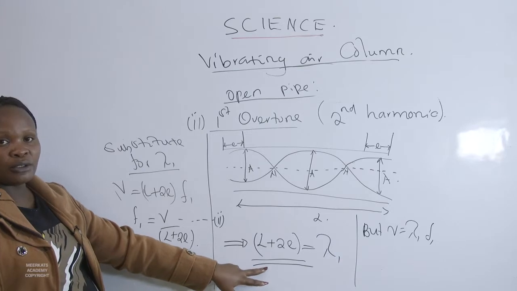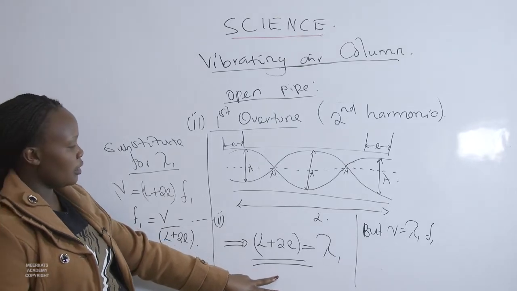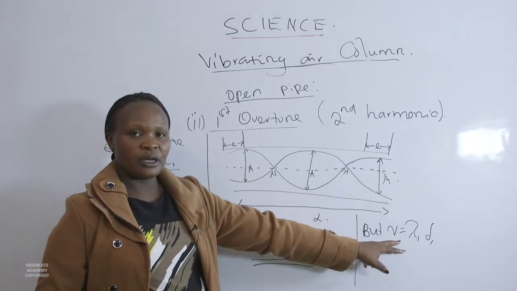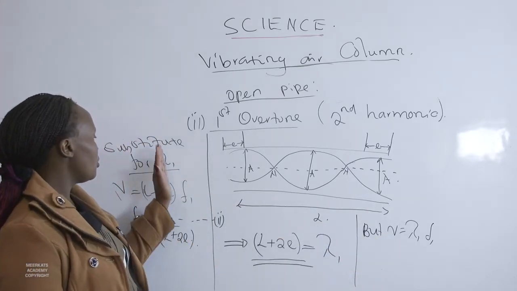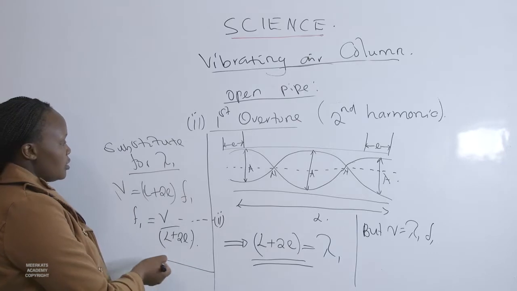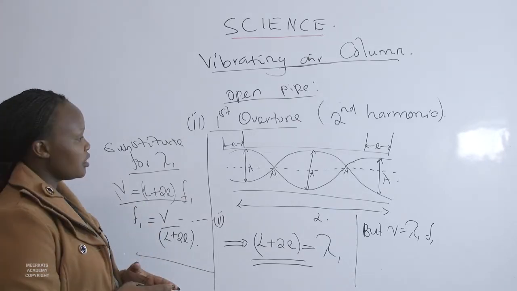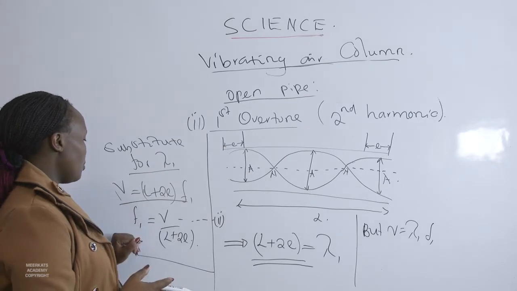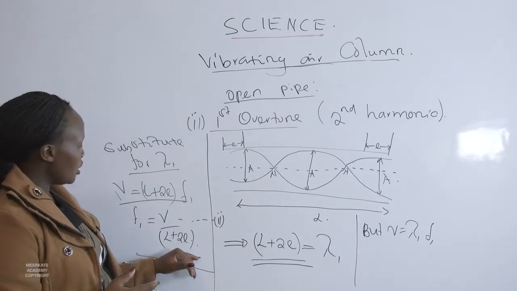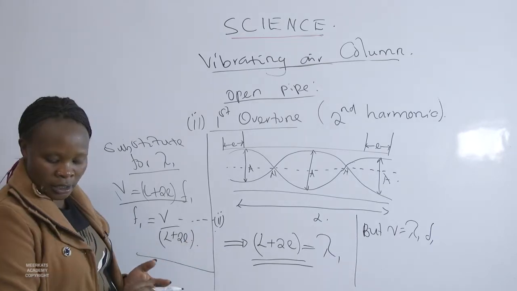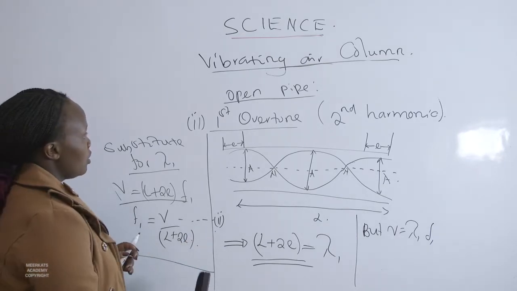When you feed the value of our wavelength into our relationship, we will come up with something like this. And now that we are interested in the frequency, we make it the subject of the formula, and there we get our equation 2.